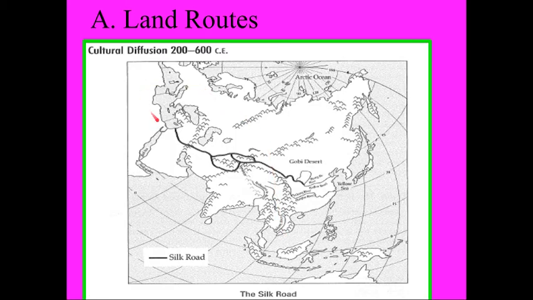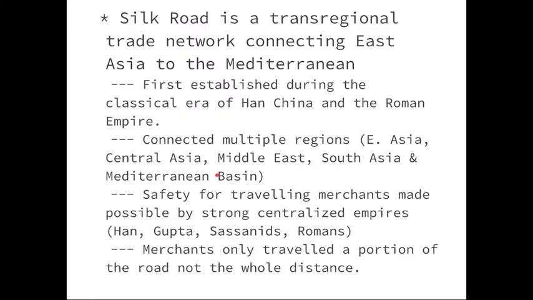We have the Romans here in the Mediterranean, right? We have the Sassanids here in Persia, the Guptas here in India, and the Chinese, the Han, over here in China. So these empires protect their borders, protect the merchants, protect travel, the trade, right?